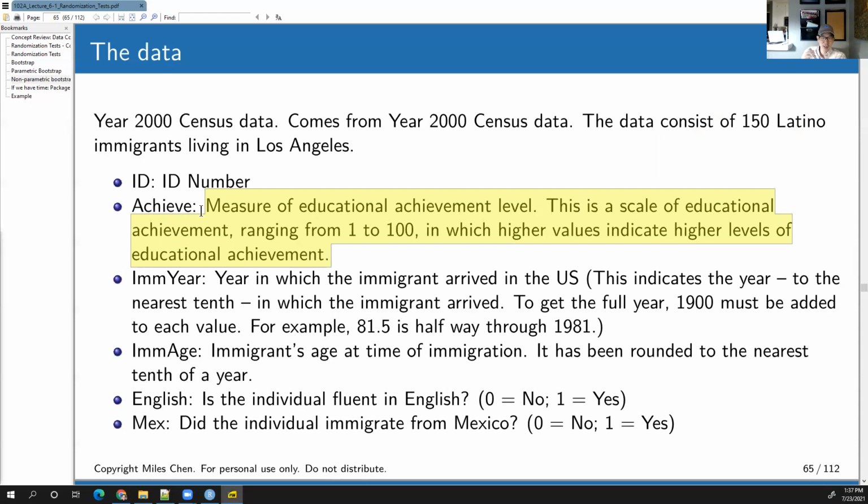And if the student goes on to college and graduates with, let's say, a 2-year degree, I don't know what number that is, or a 4-year degree, or maybe they go on and get a PhD. I have no idea what any of those numbers are going to be. All we know is that 1 means their educational achievement is less, and 100 means their educational achievement is a lot higher. But I couldn't find that information. So we just have to kind of trust that the numbers are accurate, okay?